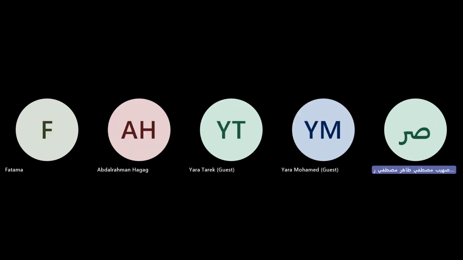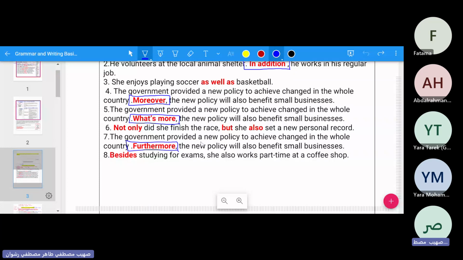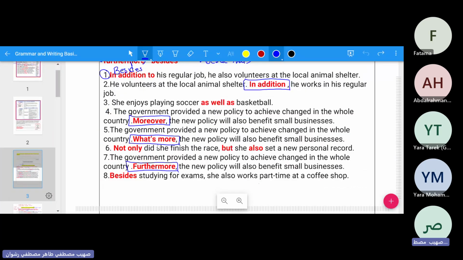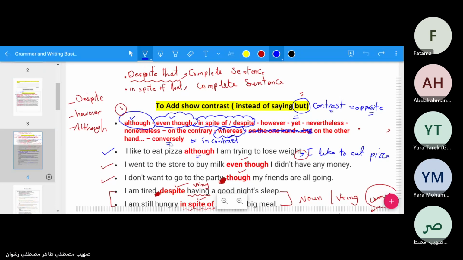Let's go to the next part. The conjunctions we studied today are the conjunctions for addition. Okay, there is another kind of conjunction. I mean here the alternatives for using and. We have another kind of conjunction which is an alternative for but.